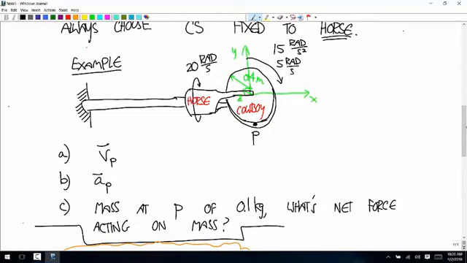Yeah, and it's the same as the r vector in this case, because we happen to put the origin of the coordinate system at the center of the circular motion. But remember, in general, the position vector and the r vector are different. The r vector always goes from the center of a circular motion. The p vector, if I had put the origin back here, would be different than r. But in this case, it's just 0, negative 0.4, 0.